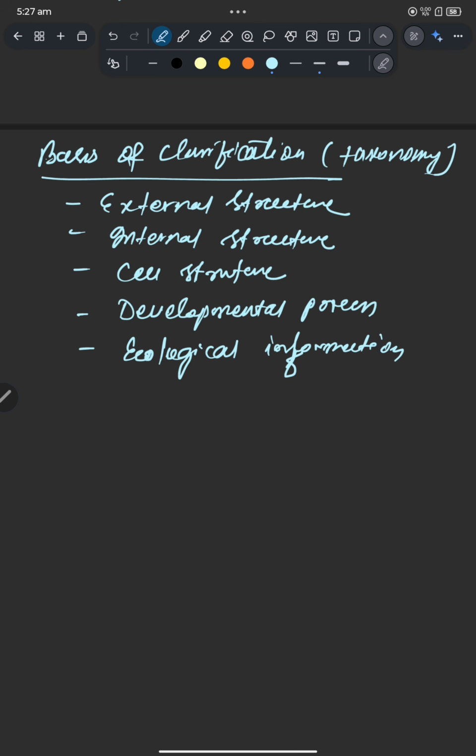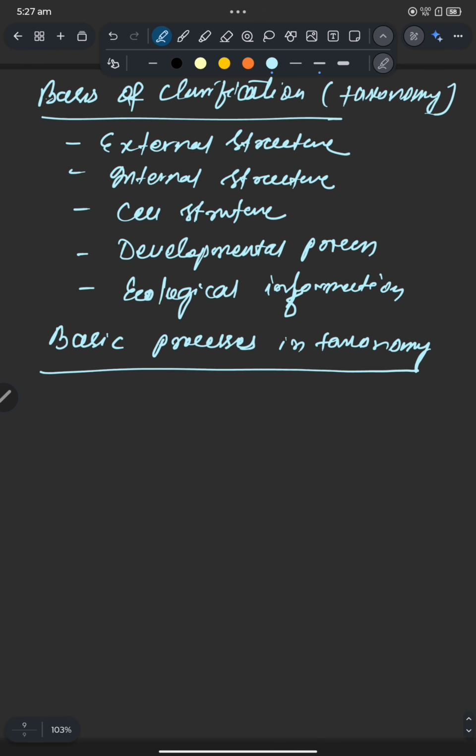Now let us see what are the basic processes in taxonomy. So what are these basic processes? First one is characterization. First of all, we have to define the character of an organism.